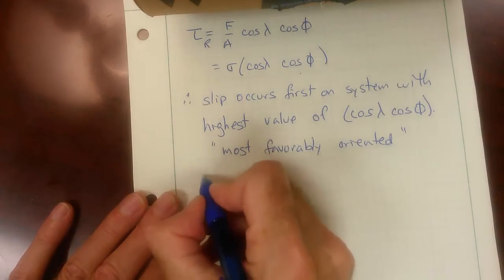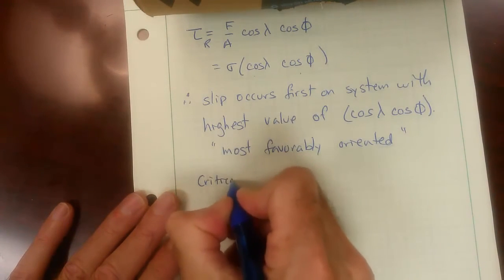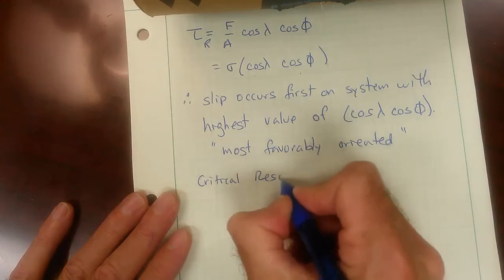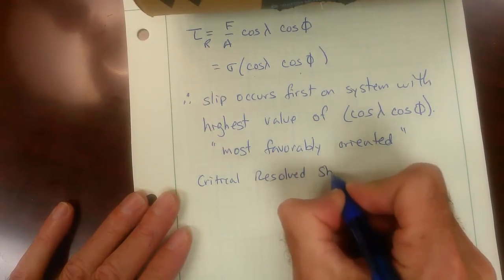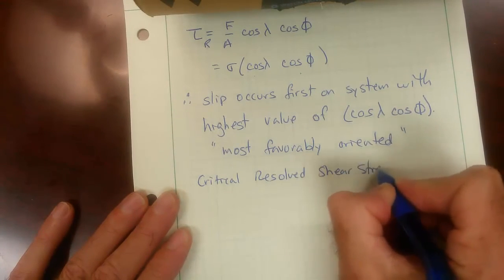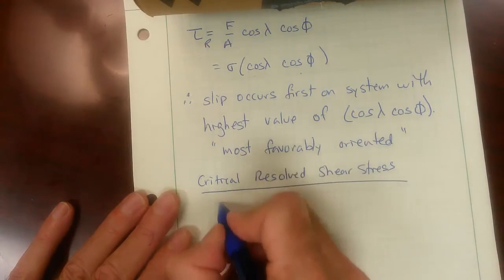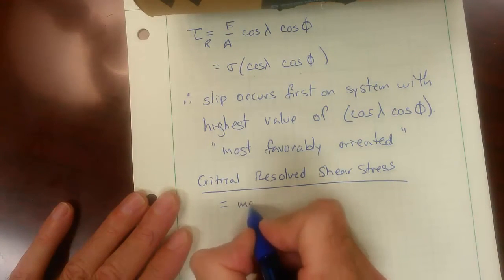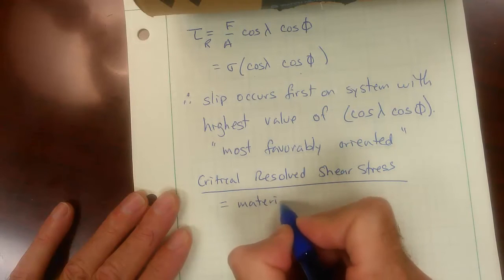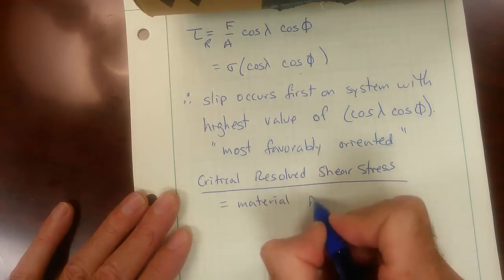So that's the applied stress. The material property is called the critical resolved shear stress. So this can be considered a material property.